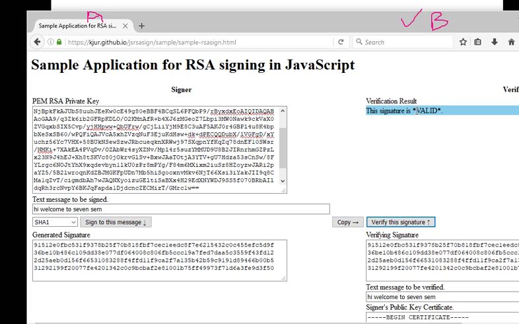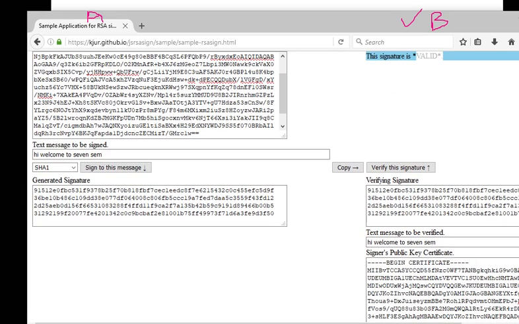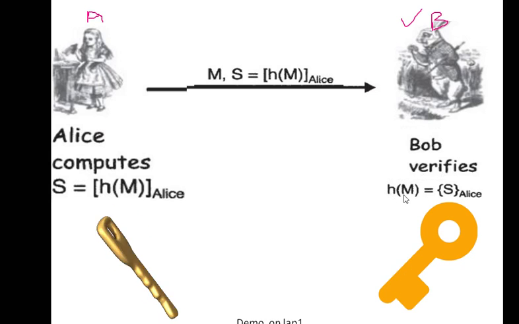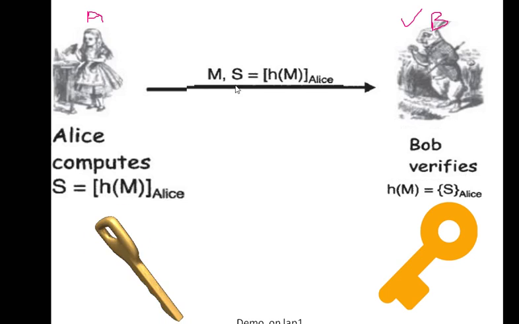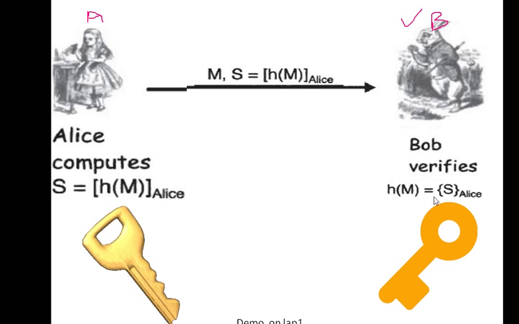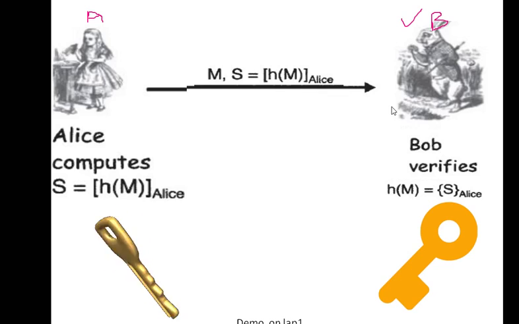After the signature is valid, meaning the hash value is valid, then he will accept that message. H of M, H means hash value of M, is equal to signature of Alice. Signature of Alice means the digital signature she generated. So both are matching. Then Bob is ready to receive her message. So this is how digital signature works.